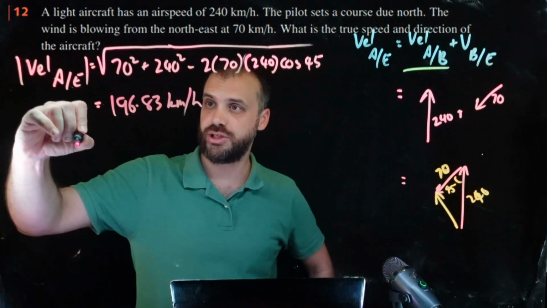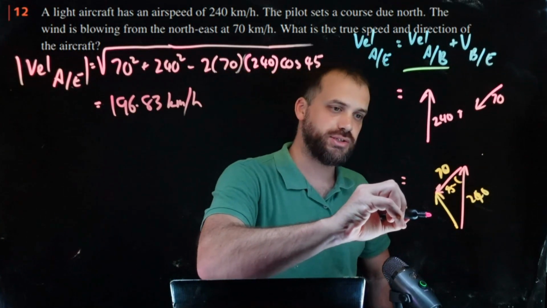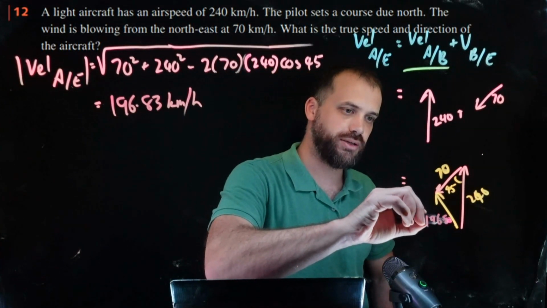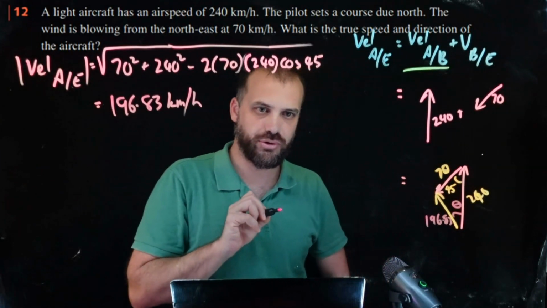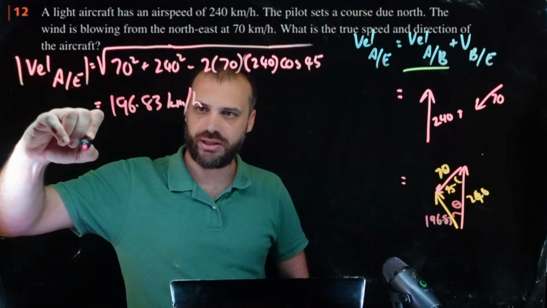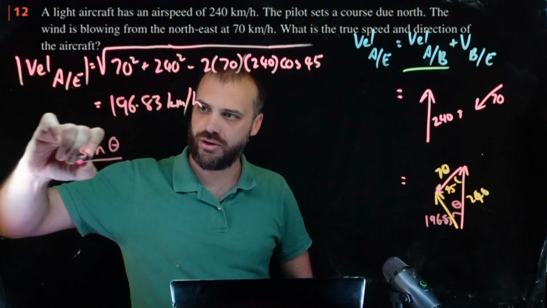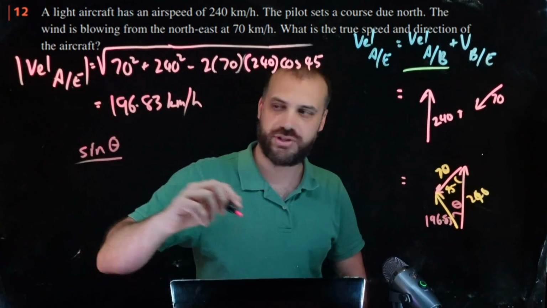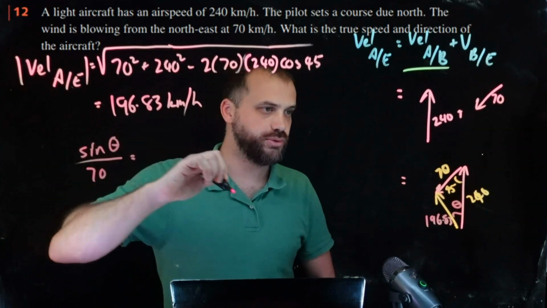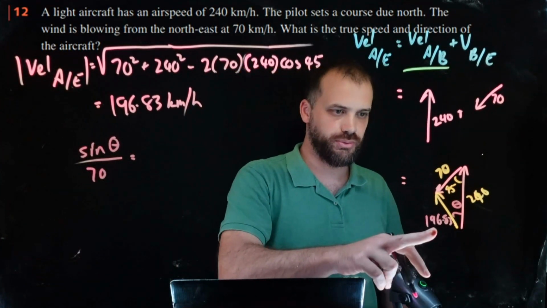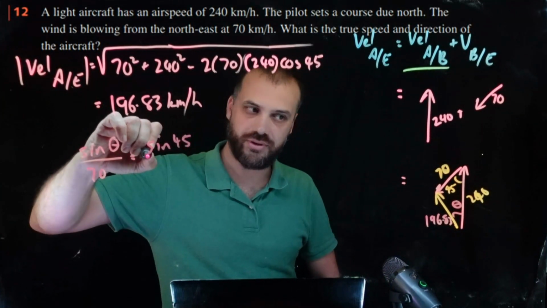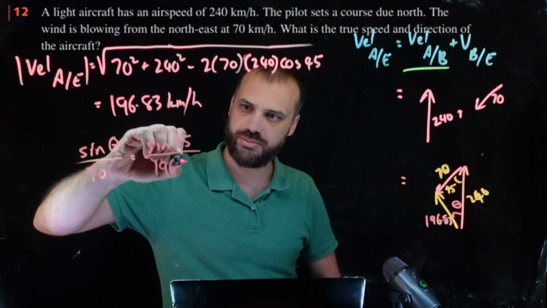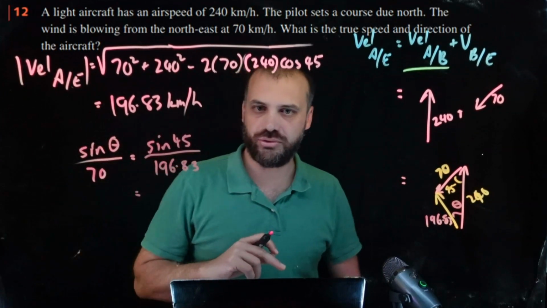Now that I know that's 196.83, and I want to find this angle right here, I can do sine theta over 70, the opposite side, is equal to sine 45 over 196.83.